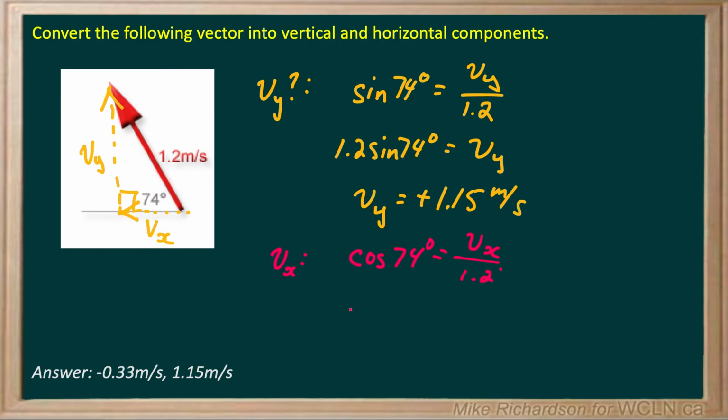Multiply both sides by 1.2, and I get 1.2 cos 74 degrees is equivalent to Vx. Therefore, Vx is 0.33 meters per second. And because Vx is to the left, we must say that that component is negative.